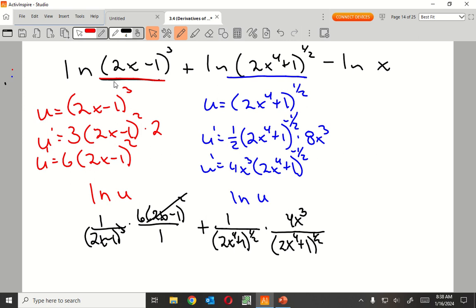So those two are going to go together, and it's going to get rid of my exponent. So it's just going to be 2x to the fourth plus 1, because half and half give me 1 whole. And my last one, minus, what's that going to give me? What's the derivative of ln x? 1 over x, right?